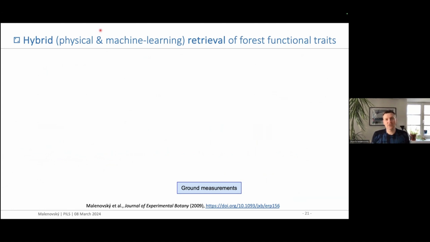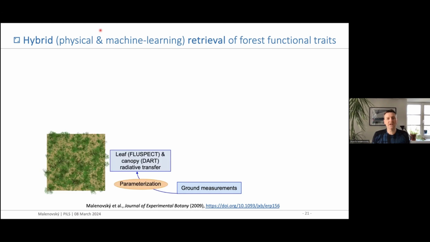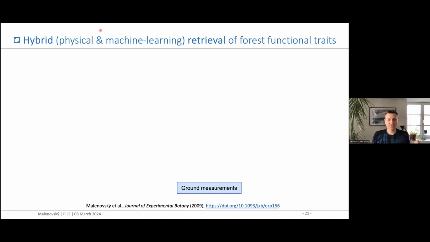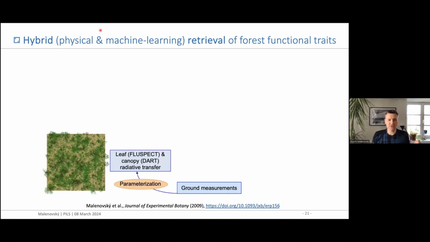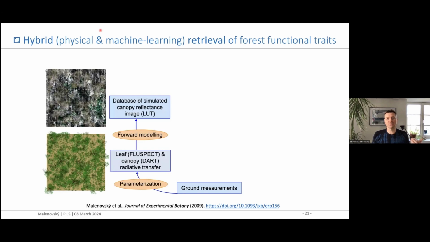The approach for retrieving the functional traits here, as I said, is combined physical and machine learning. We always have to start with ground measurements. These ground measurements were used to parameterize the forest site structurally, as well as from the biochemical point of view. Then the radiative transfer models do the scaling for us, producing a virtual database of simulated canopy reflectance images.